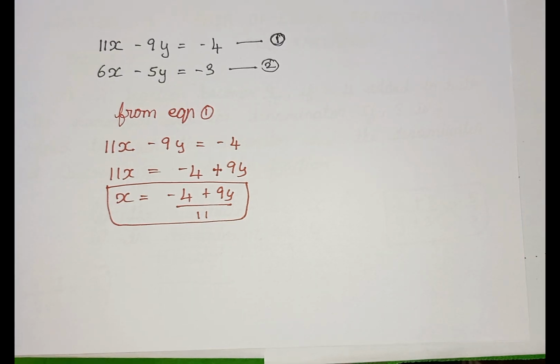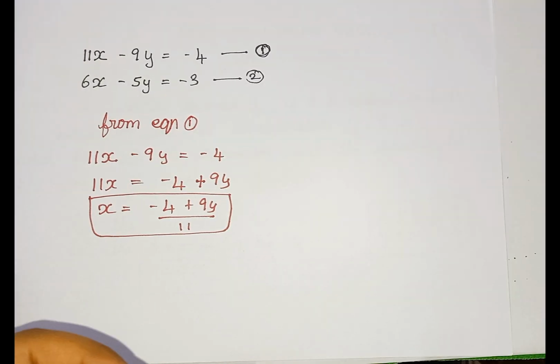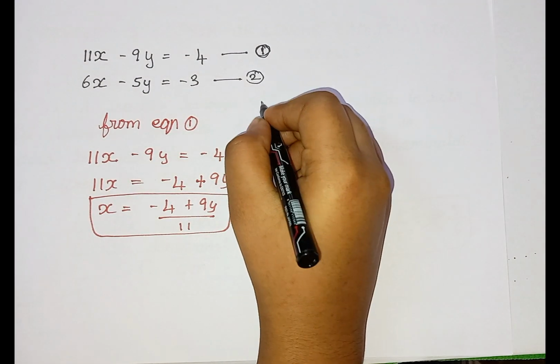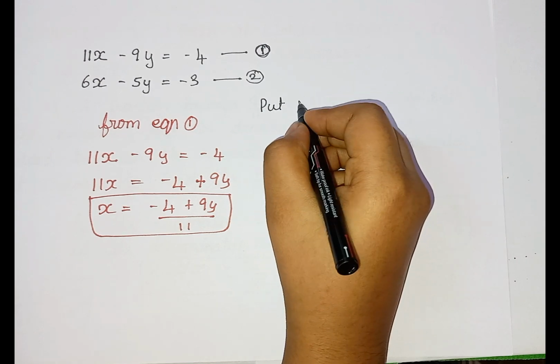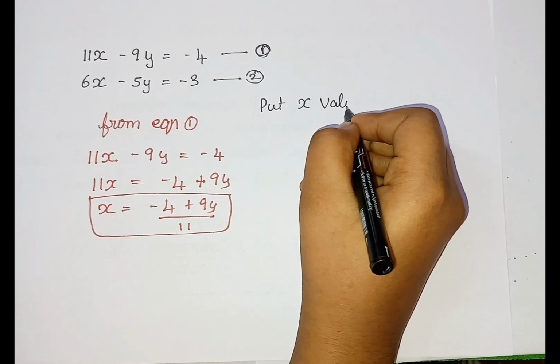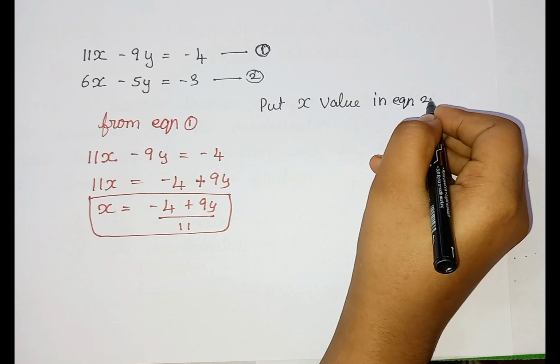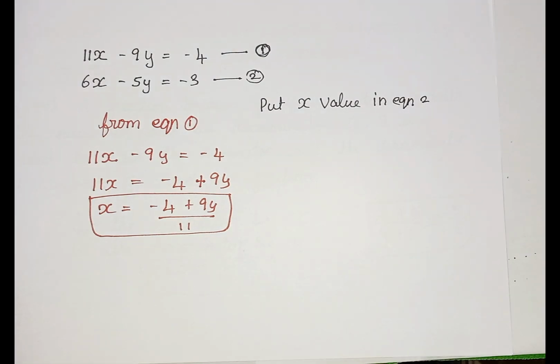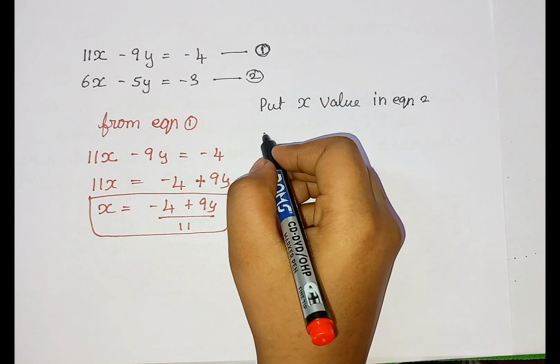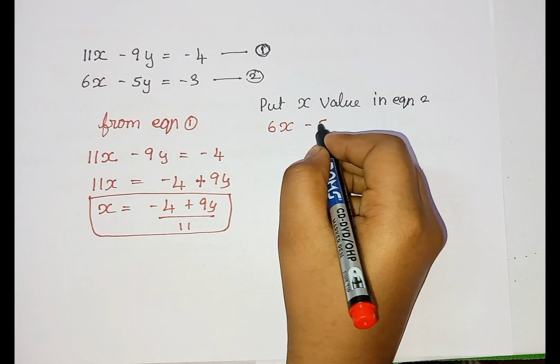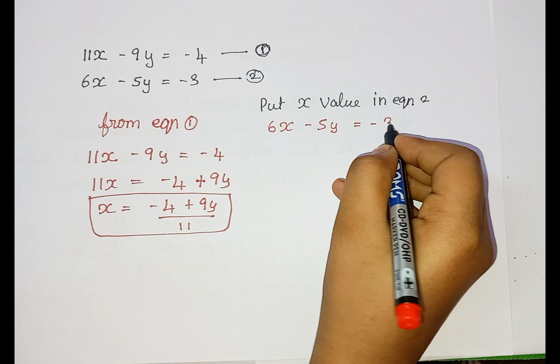Okay, so let me write: put x value in equation 2. So what is equation number 2? Equation number 2 is 6x minus 5y is equal to minus 3.